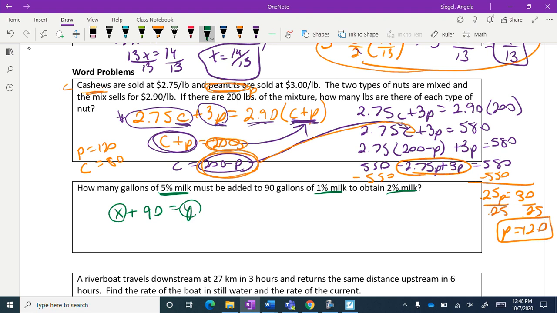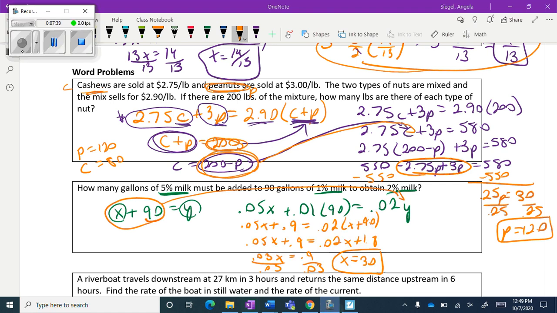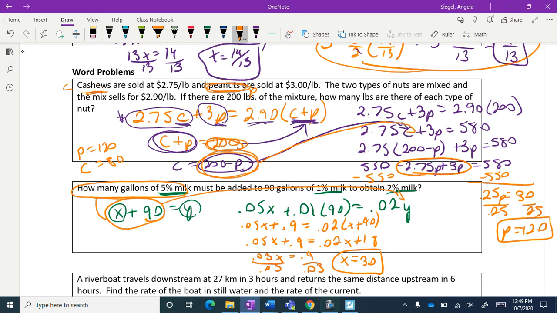I also know that I multiply these together. I get that. And so from here, I'm going to take this and plug it in for Y right here. So let me go ahead and do that work and solve for X. Okay, so in this case, it asks me how many gallons of the 5% milk, so I'm looking for that X. And so I'm just going to say 30 gallons.